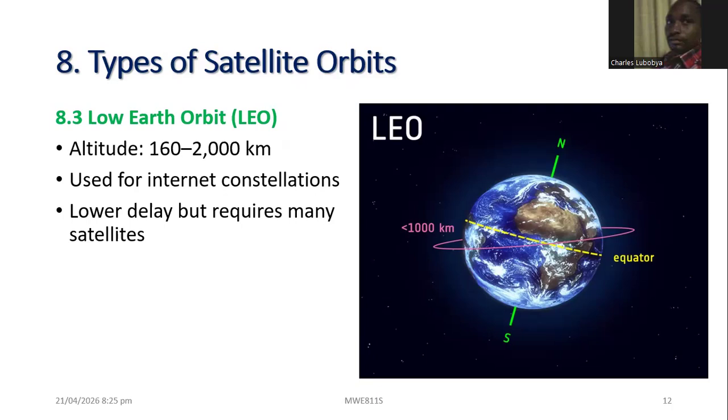They have lower delay, but require many satellites to be launched for you to have continuous internet through a 24-hour cycle. So you need to launch a lot of them. A good example of LEO satellites is Starlink. Starlink, an American firm, has launched a lot of these low Earth orbit satellites, and they are mainly used for internet connectivity.